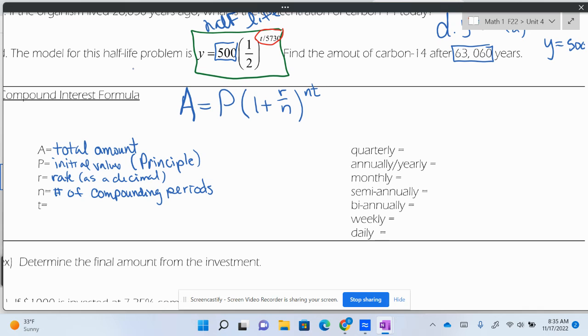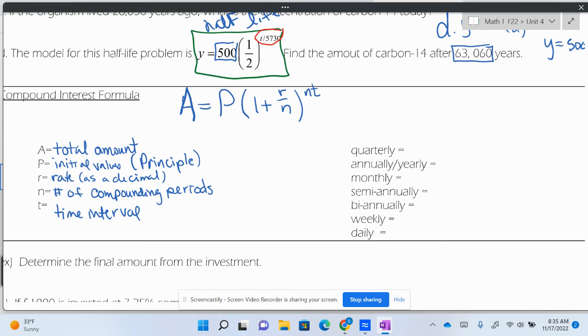And then T is the time. So typically time is given in years, especially for interest. So typically our time is going to be in years.